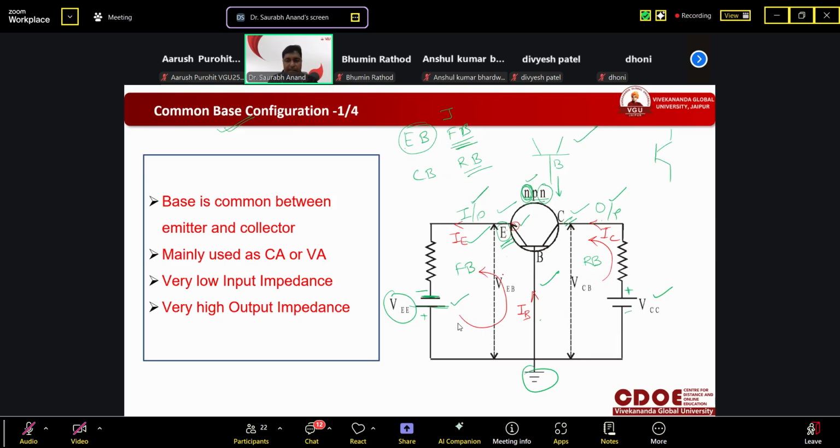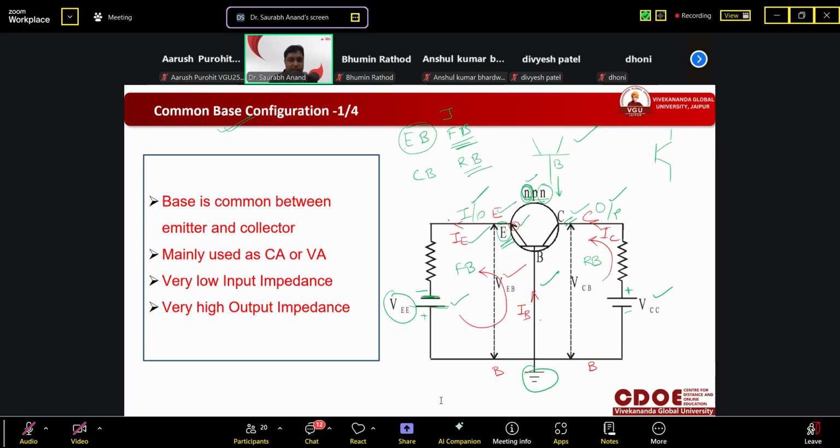Right? Now the voltage. This is the E line, this is the B line. This is the C line, this is the B line. Voltage is nothing but the potential difference.